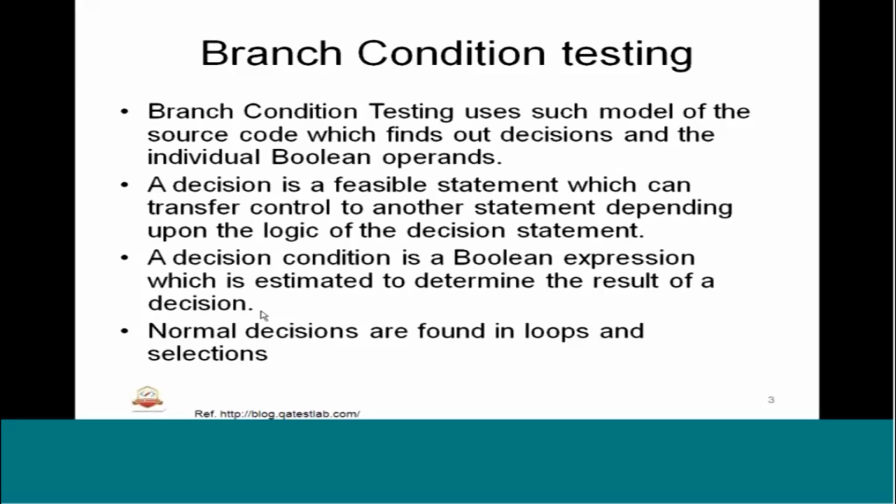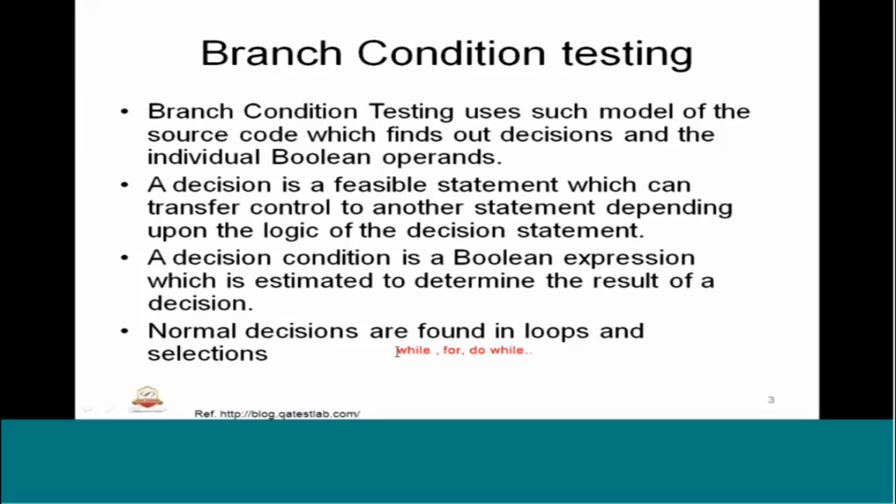So basically these decisions are used in loops and selections. Loops could be a while loop, or for loops, or do while. Likewise, based on the language constructs, we have different loops.